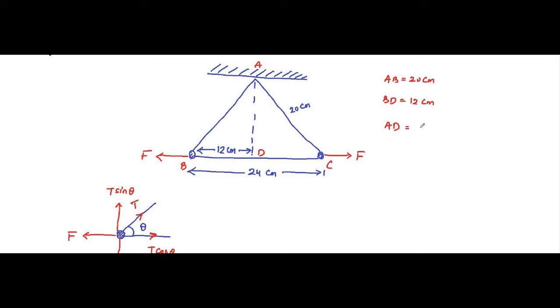We will apply the Pythagoras theorem. So AD will be the square root of AB square minus BD square, which is 20 square minus 12 square, that is 400 minus 144, which is 256, and the root is 16.